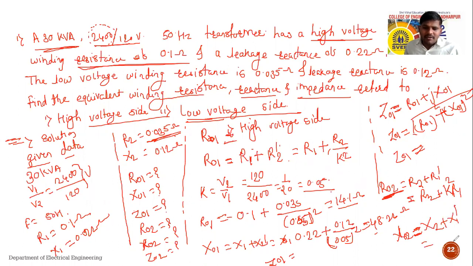You have the value of X1, so X02 is X2 plus K square into X1. And finally Z02 is the square root of R02 square plus X02 square.